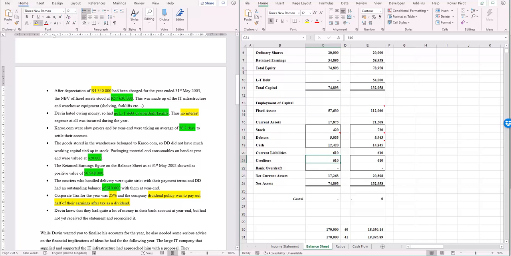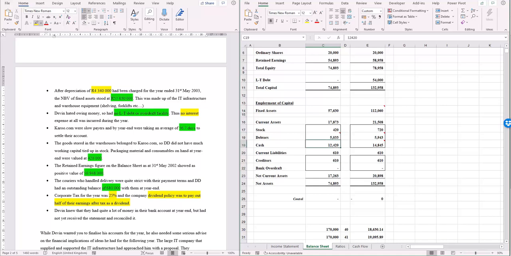Karoo are slow payers at the end of the year, taking an average of 56.7 days to pay their accounts. So you're going to take the sales number, divide it by 365, and then multiply it by 56.7, and that will get you to the 5033. And they said there's no overdraft.